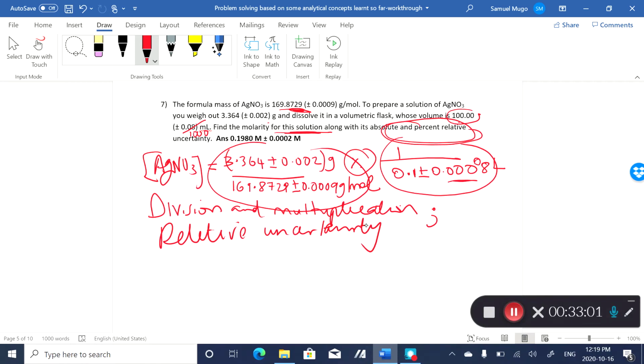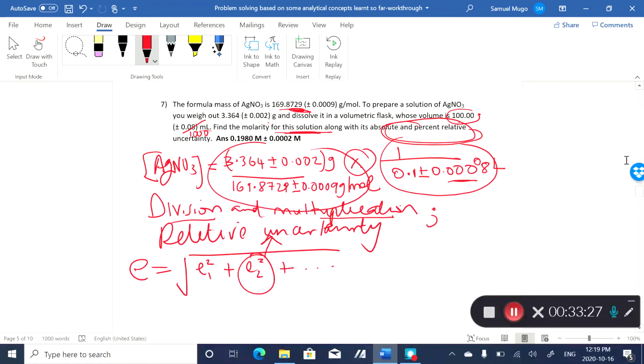If at all my computational manipulation involves division and multiplication, then I should propagate the error, the error that I put in my error propagation equation, the error squared 1, the error squared 2, and so forth. These errors should be relative uncertainty, if at all my manipulation is a division or multiplication.